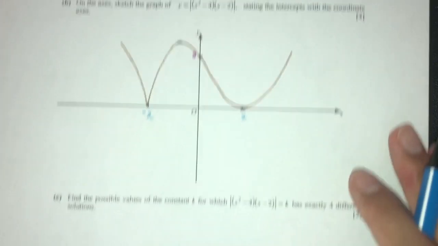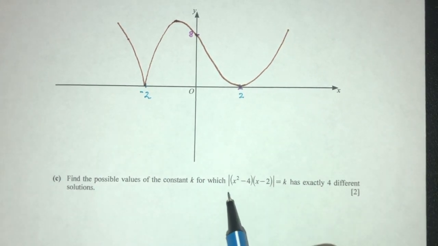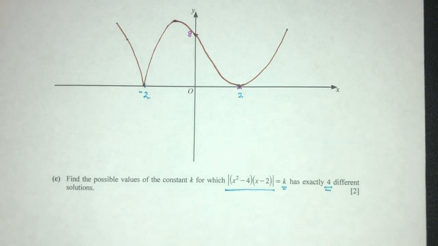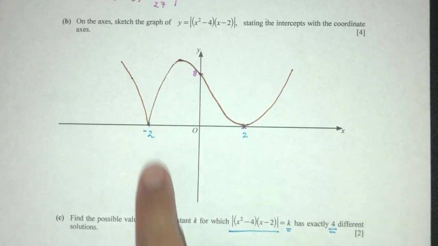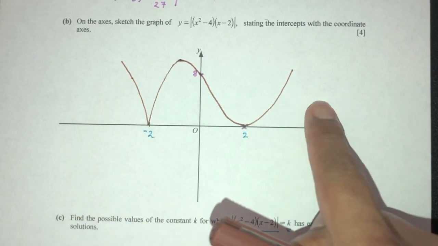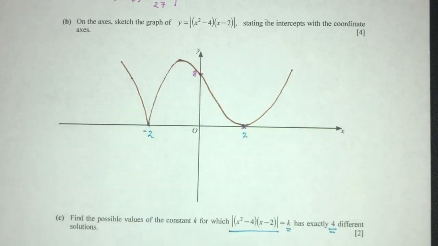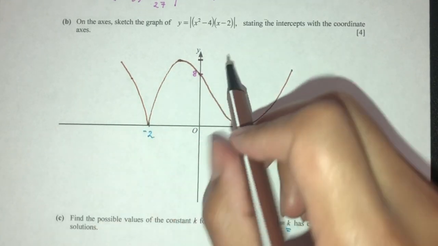So for part C, we have to find the possible values of k for which this equation, which means the graph, has exactly 4 different solutions. So by observation, you can see that here I will have 2 solutions. Here you have 4 solutions, 4 solutions before this point. This point is the point what?